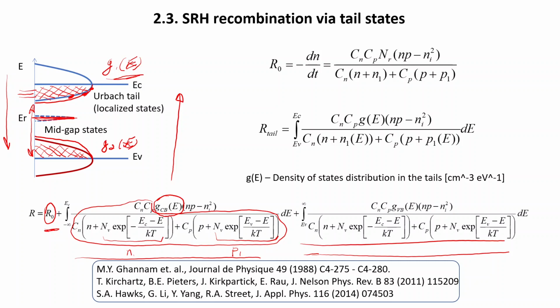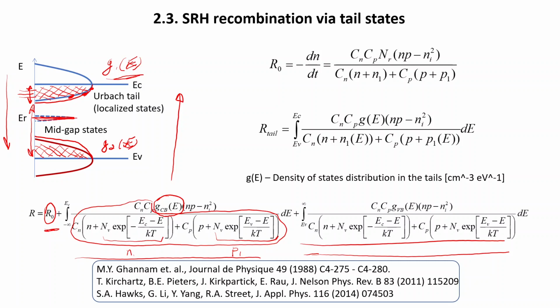We get a contribution to the integral only in the region where this function is, because we have two G's, one for the conduction band, one for the valence band. So we consider them separately, and that helps us to integrate and get the total contribution. Okay, so this is how it is possible to take into account the so-called continuum of localized states in the band gap of the semiconductor.